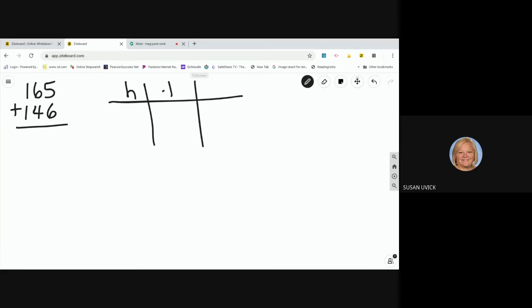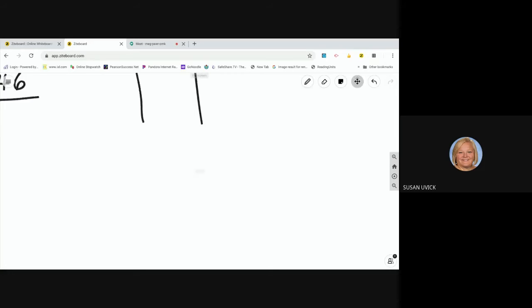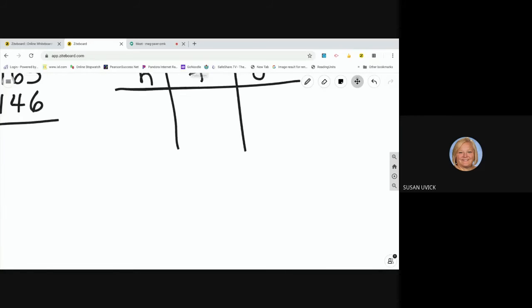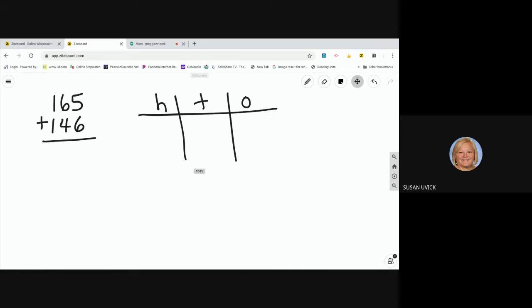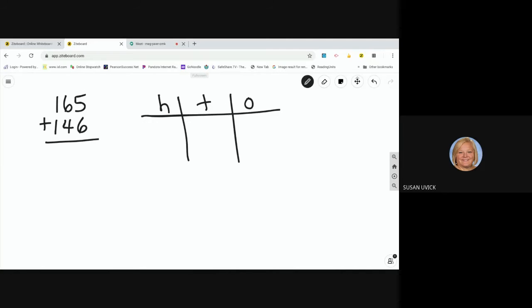All right, so I'm going to write my first number out, 165. And that should be familiar. We did that with place value discs back in March. Goodness, back in March. Okay, so now I want to add the 146.